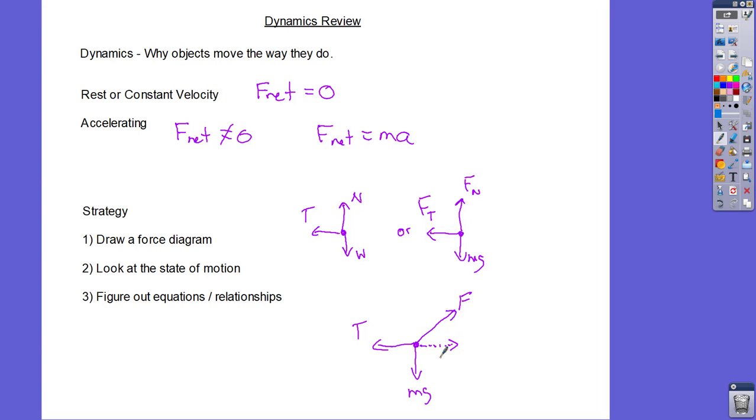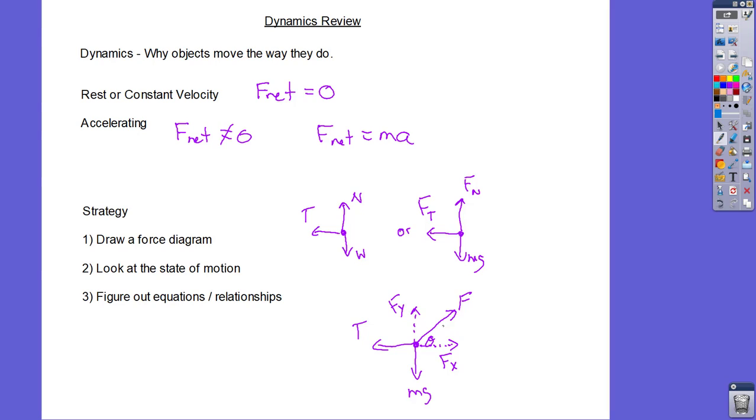But be careful, because often when they ask you to draw a force diagram, which I'm not sure there are going to be any drawings this year, but if they do ask you to make a drawing, remember they say don't put components on here, but we do want to think in terms of components. And then you use that to figure out relationships.